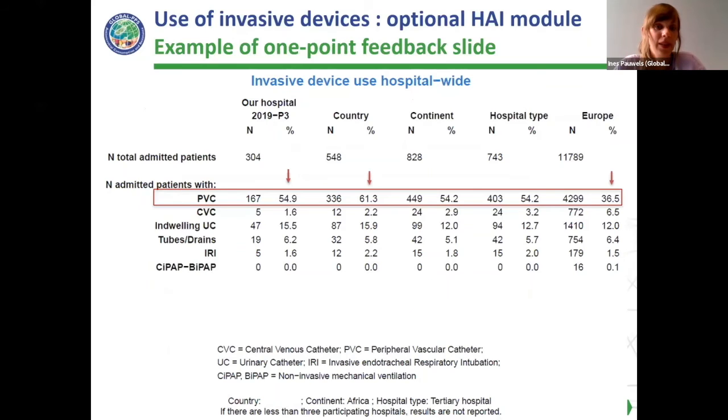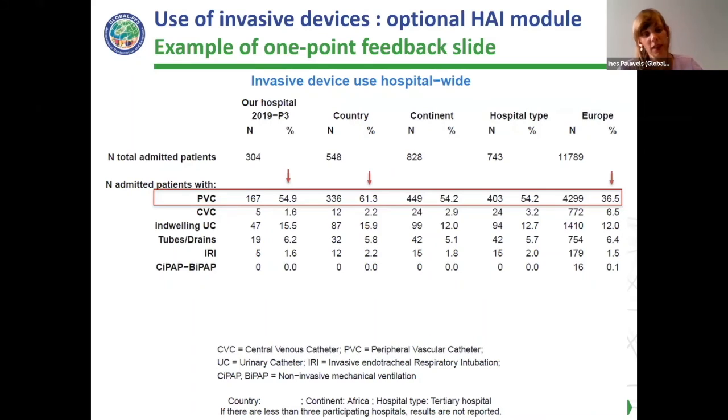If you participate in the optional healthcare associated infections module, you will get some additional slides, such as this one. For the optional healthcare associated infections module, we focus on the presence of invasive devices. You see here, for example, the number and percentages of admitted patients with one of these invasive devices. For example, here we see in this hospital, this is quite high, 54.9% of all admitted patients had a peripheral vascular catheter.